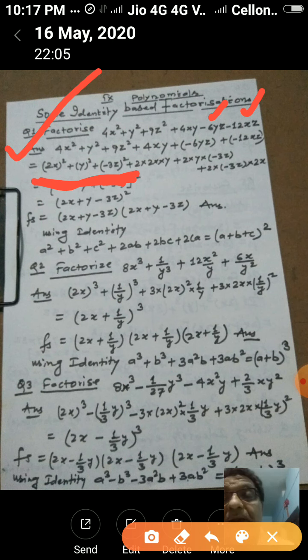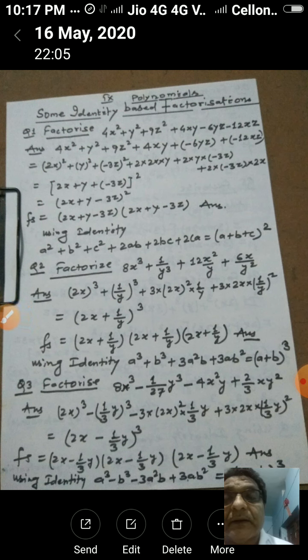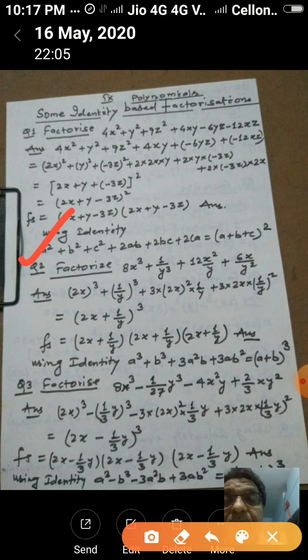In place of a we have taken 2x, in place of b we have taken y, and in place of c we have taken minus 3z. In this way our question is arranged on the identity a square plus b square plus c square plus 2ab plus 2bc plus 2ca, which you have read is equal to a plus b plus c whole square.